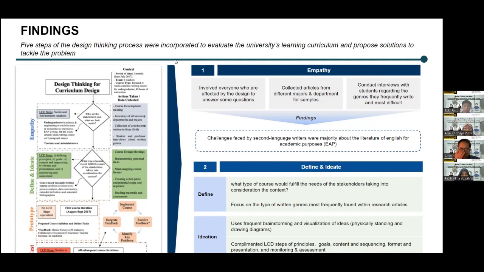In define, the designers want to narrow it down into a key question that can help them tackle the big picture of the curriculum, asking what type of course would fulfill the needs of the stakeholders by also evaluating its context. After having that key question, they move on to the ideation stage, in which the designers talk about several proposed solutions by visualizing them through diagrams.